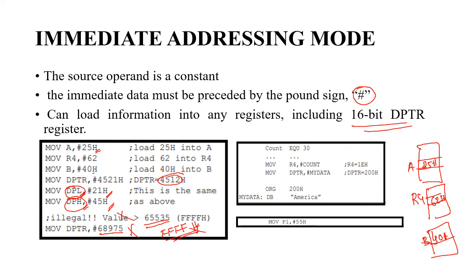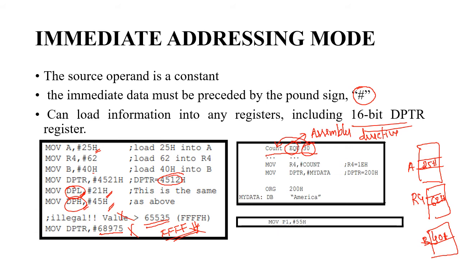Here, if you look at one flow of a program, we call it pseudocode. Count EQU 30 uses an assembler directive, which we have already discussed in module 1. This EQU is an assembler directive, which loads the integer number into count.